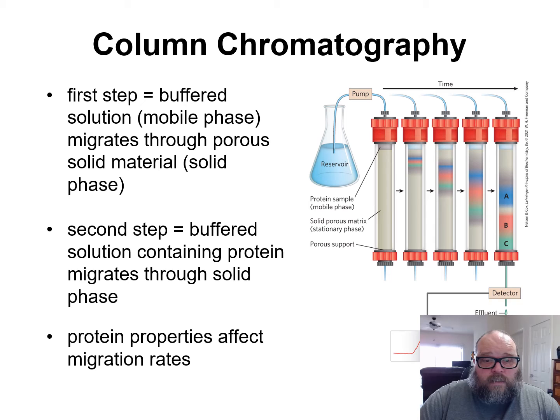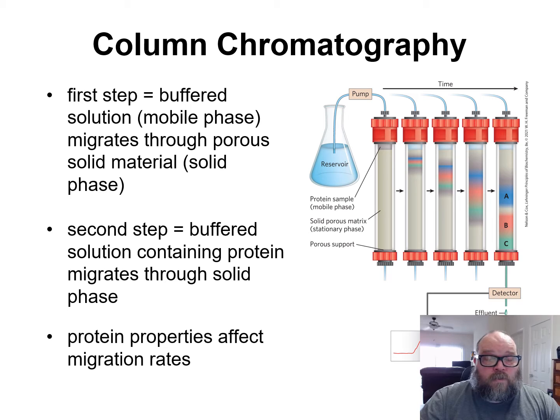There are other ways to do it. You could do what's referred to as column chromatography. Hopefully you remember doing this in Biology 244. You take your crude extract or whatever, and you run it through a column. This column is going to be filled with some sort of solid, either microbeads or some sort of cellulose material, that's going to interact with certain proteins.